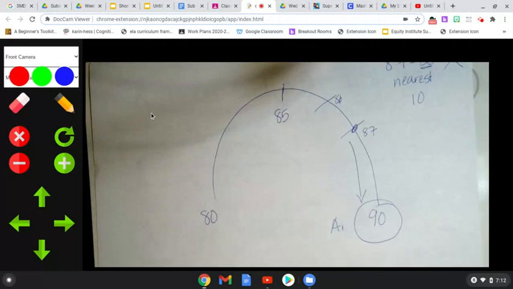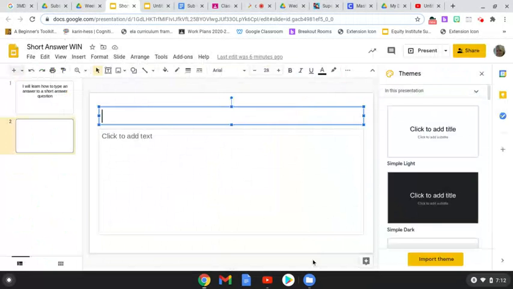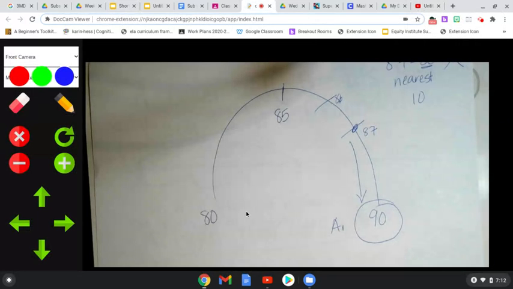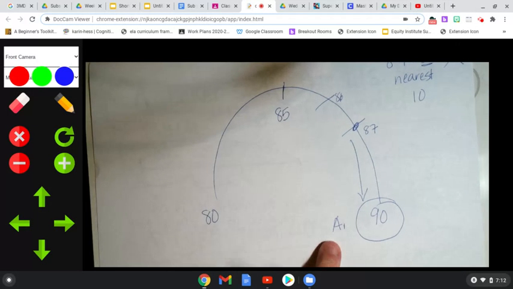But I have to type my answer, right? So I'm going to have to type the answer. That means I'm going to have to get my computer, and I'm going to have to type the letter A and then the answer.